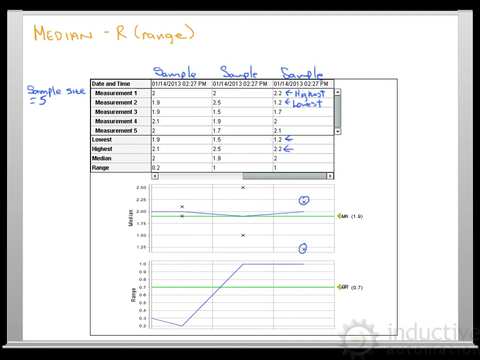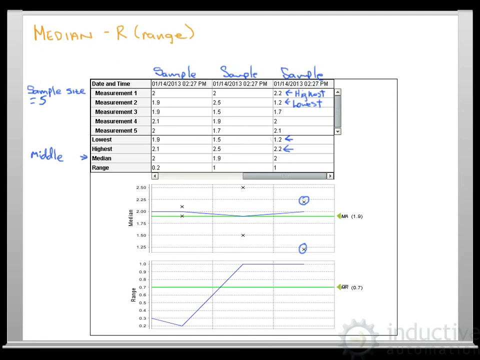From there we see the median is 2. And the median is actually the middle, where on the X bar we had the X bar down here and it was the average. So how we come up with that is we put these in order.